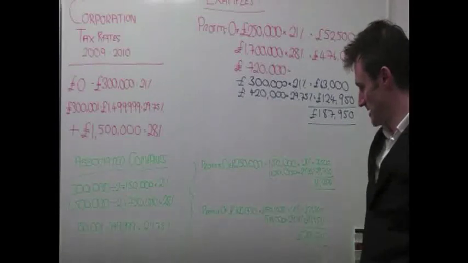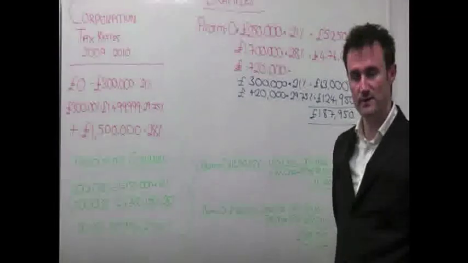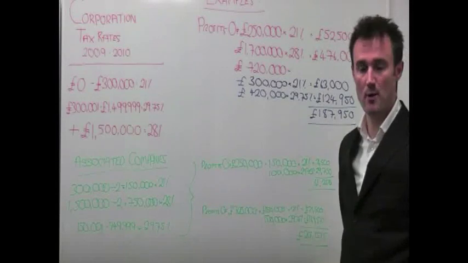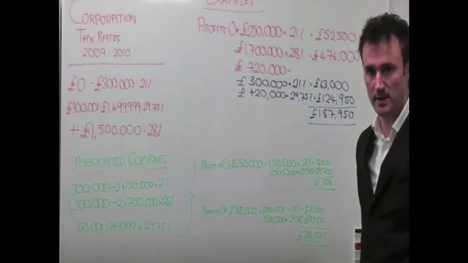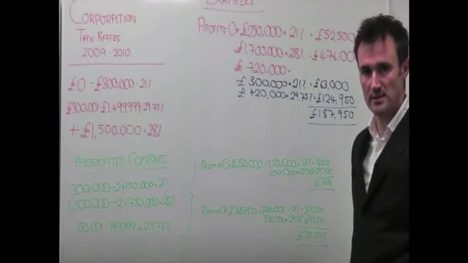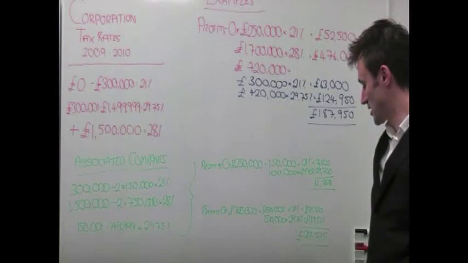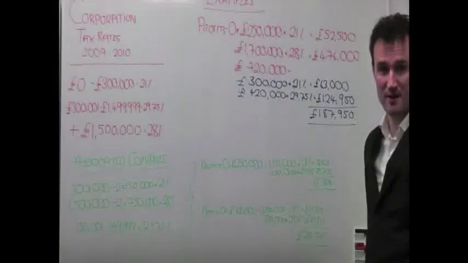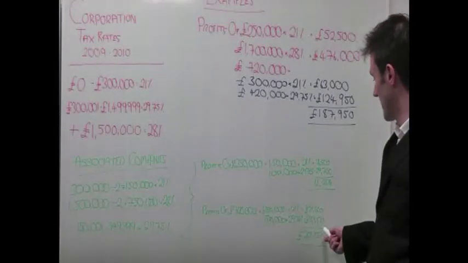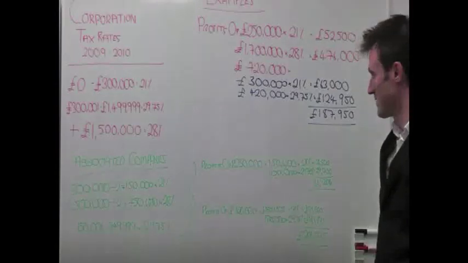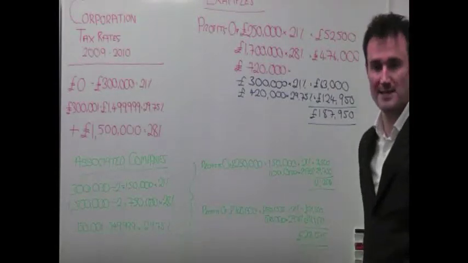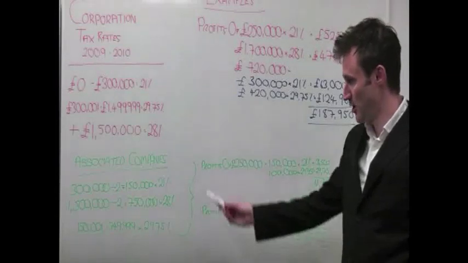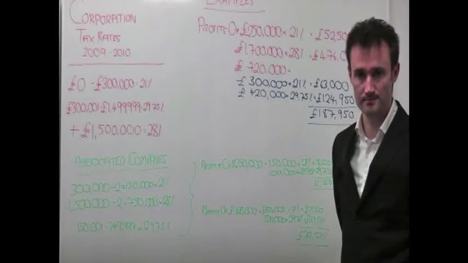Of the £720,000, £150,000 would be taxed at 21%. However, there will now be £570,000 taxed at 29.75%, giving a total tax bill here of £201,075, which is quite a big increase on the previous amount, which is just over £187,000. And that is simply due to the fact that there are associated companies concerned.